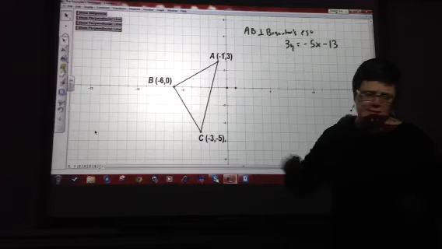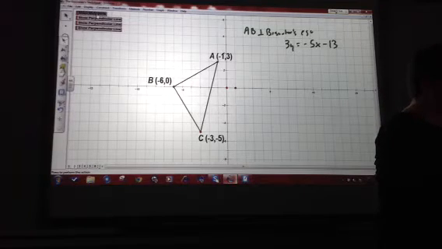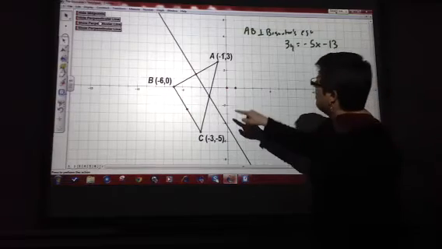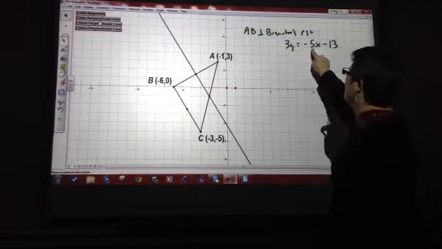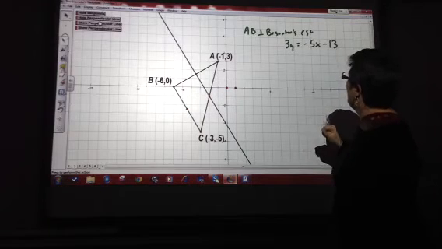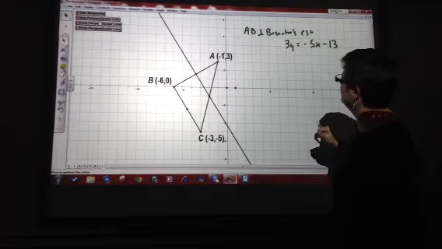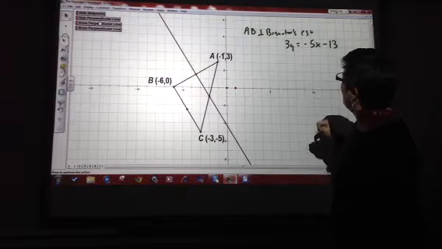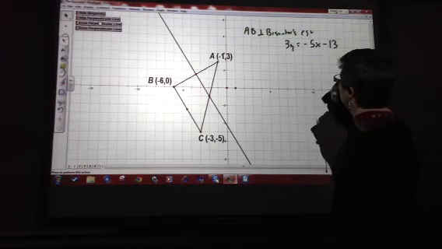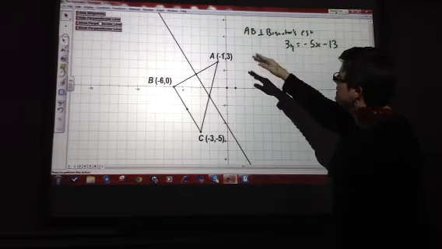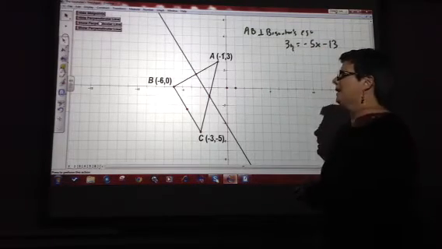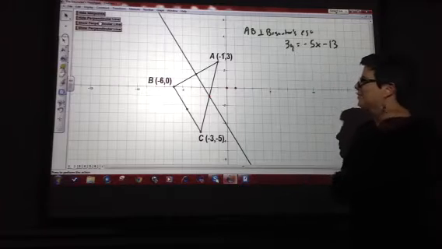So essentially, we want to be thinking about the midpoints of the sides of the triangle. We know that that line has equation 3y equals negative 5x minus 13. If we think about the slope of this line, it indeed is that negative, and everything is kind of confirming itself.